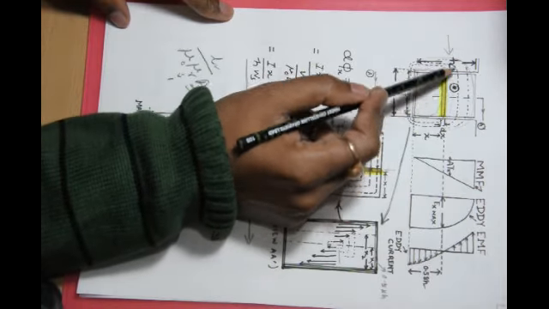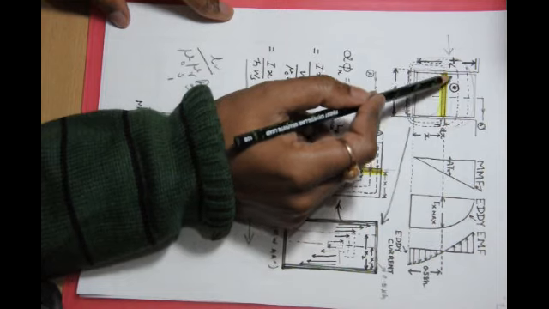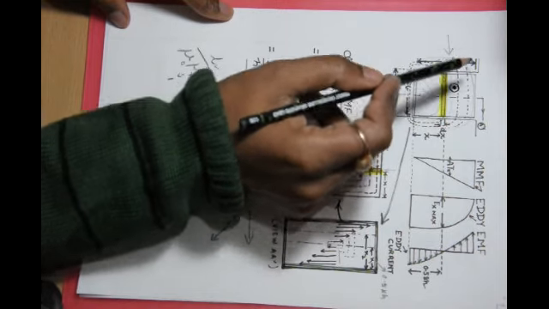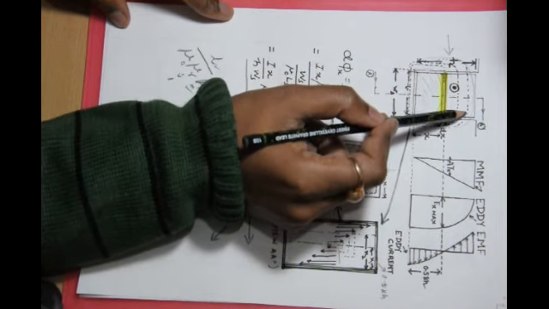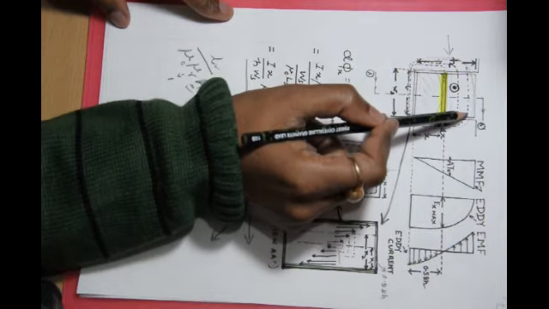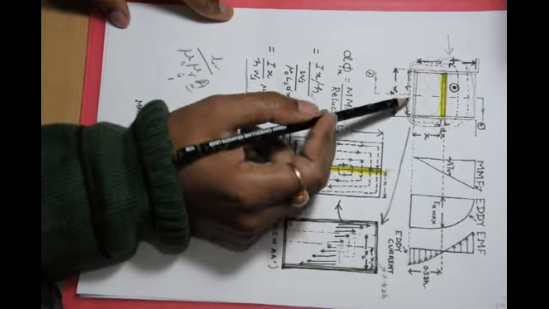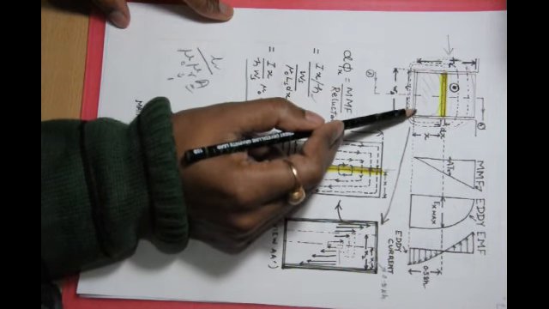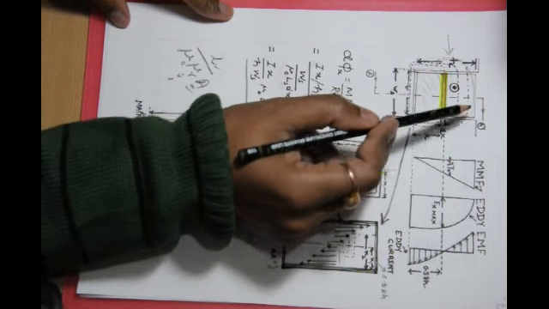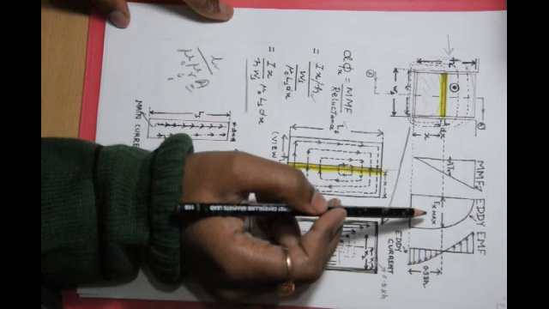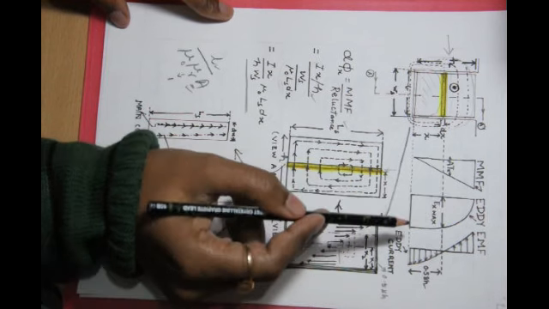See, these are the flux lines. More flux lines are linked, and if I choose an element here, fewer flux lines are linked. So the EMF induced at the base is more, while at the top it is less, and the EMF varies from top to bottom.